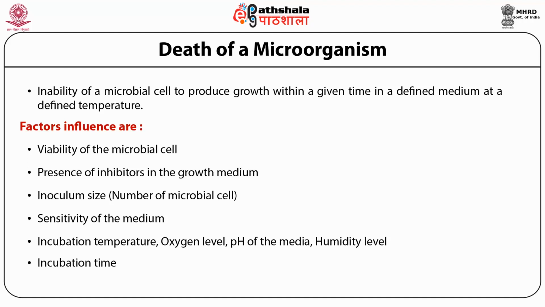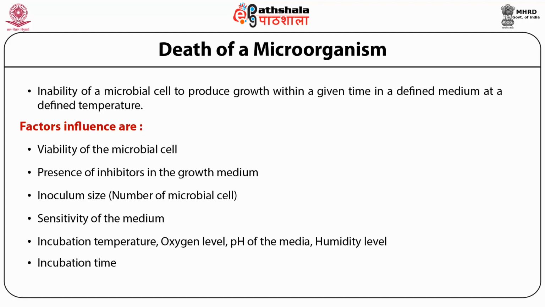Incubation temperature is an important parameter which influences microbial growth. When bacteria are grown at a lower temperature, the viability or growth of the bacterial cells will be minimum. But when the bacterial cells are grown at around 35 to 37 degrees centigrade, the bacteria grow faster.